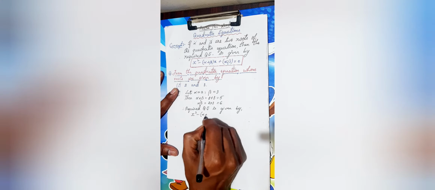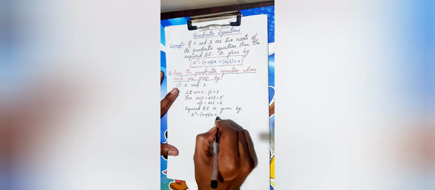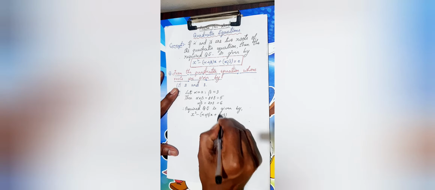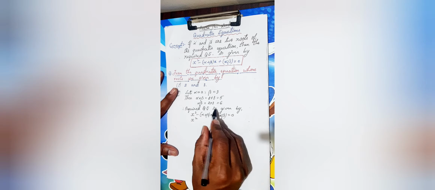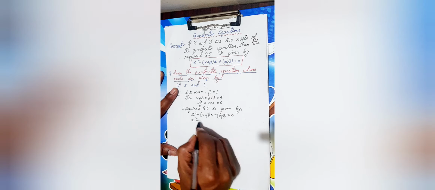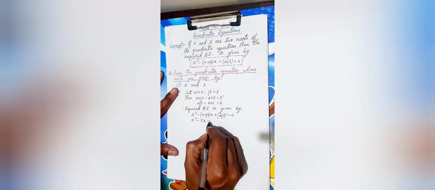Write the formula for your safety purpose. It is x square minus alpha plus beta into x plus alpha into beta is equal to 0. Therefore x square, what is alpha plus beta? I have already found out, that is minus 5x plus alpha into beta is 6 is equal to 0, and this is the solution which I am supposed to get.